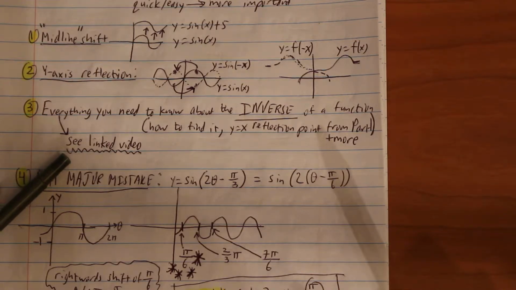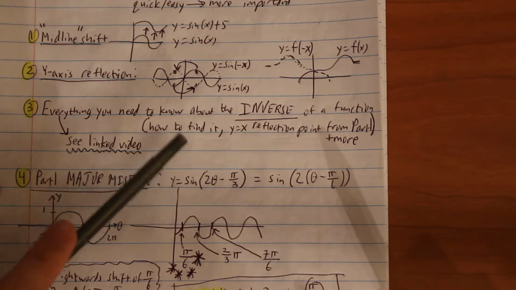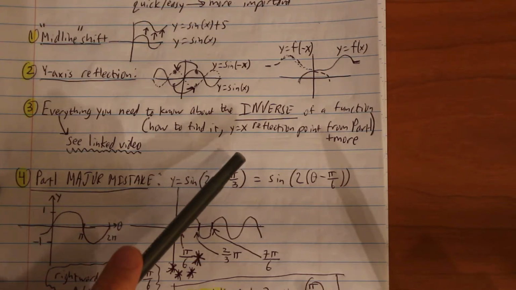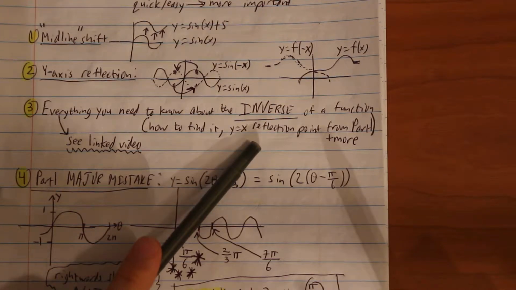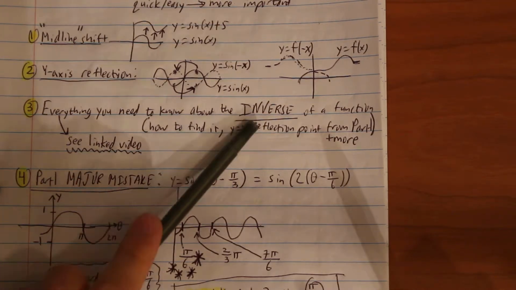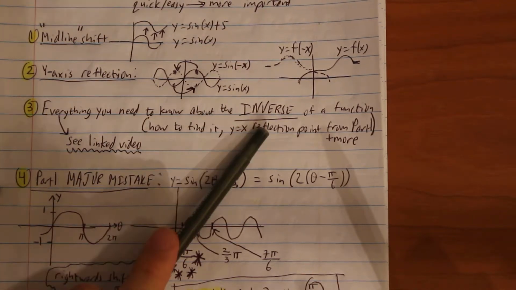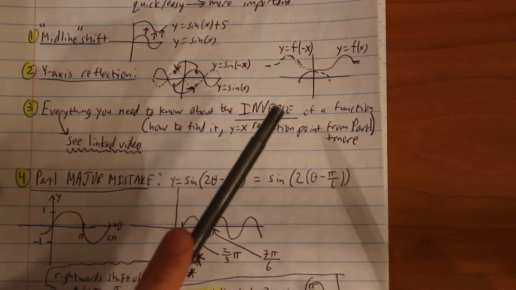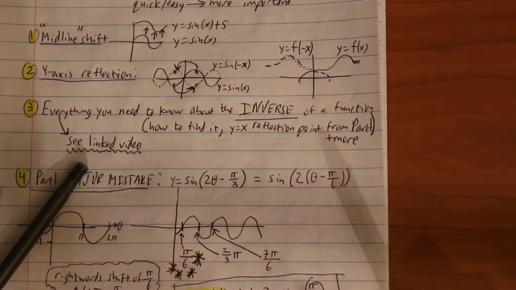I attempted to explain that, and even in the comment section of part 1 I give a verbal description, but I've made a separate video where it tells you how to find it, why there is this y equals x reflection for the inverse, and basically everything you would need to know about the inverse. So there's a separate video which will cover everything on that, so please make sure to see that. That will help clarify a lot of things.